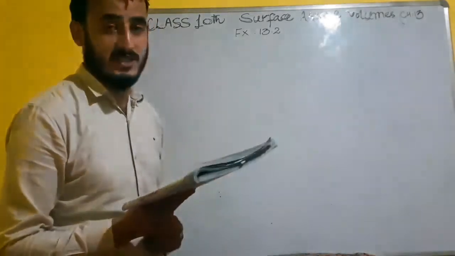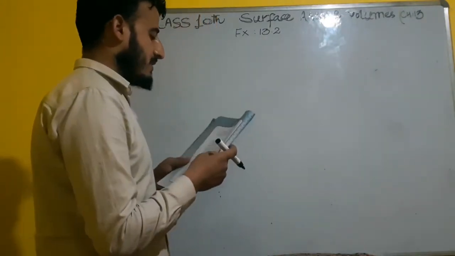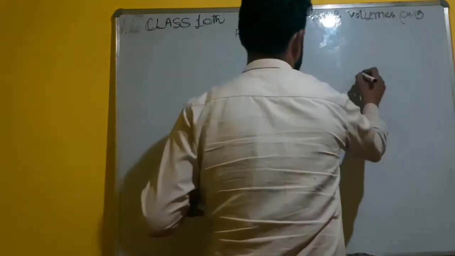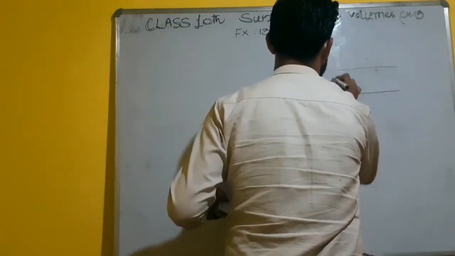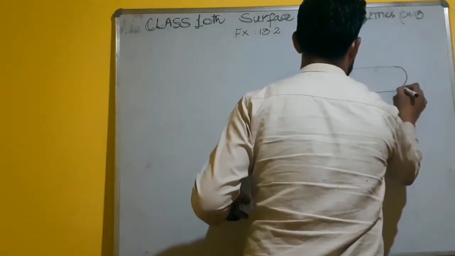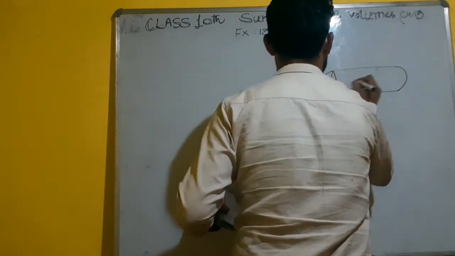With the given dimensions, we have a cylindrical shaped gulab jamun like this, with two hemispherical ends.